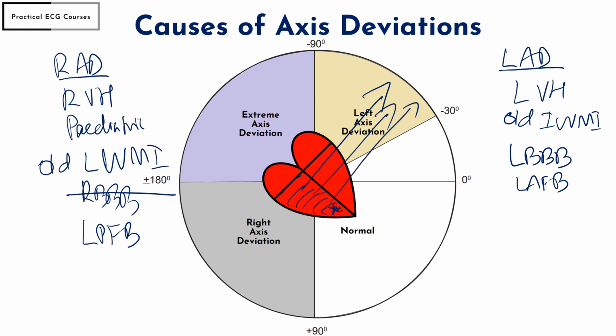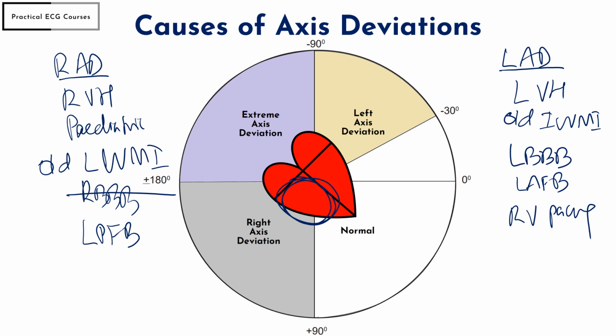So right ventricular pacing causes a left axis deviation. What happens when you have increased right-sided strain, such as in conditions like PE? Again, you would expect to see a right axis deviation. Whenever you have right-sided strain conditions like PE or even COPD, that causes a right axis deviation.